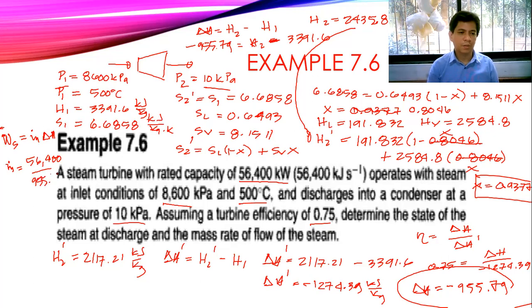So huwag nyo nang include yung negative kasi magiging negative yan. Wala namang negative na flow rate. Ano? So, syempre alam niyo naman yung sign, convention lang 'yan. Kasi actually ang totoo niyan, pag sinunod natin parehas yung convention, itong 56,400 negative 'yan. Yung output ng turbine negative 'yan. Tapos itong negative din. Kaya magiging positive yung tanda. You're supposed to get something like 59 kilogram per second.